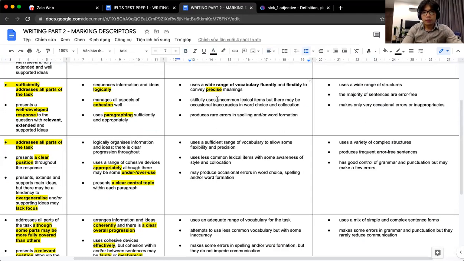And at this level, you may try to use uncommon lexical items. But notice, by uncommon, it's not something that people don't use. Uncommon here means you move towards really abstract terms. Words that native people use at C1, C2 level. Not old-fashioned words or words that people stopped using already.